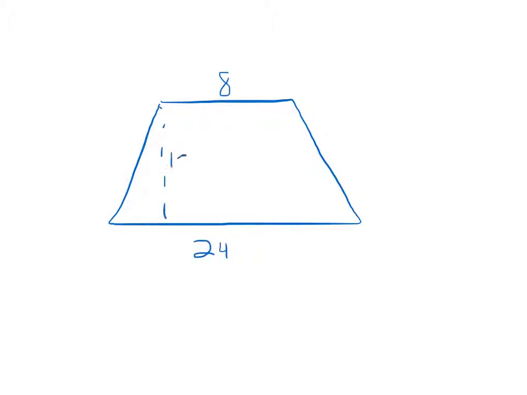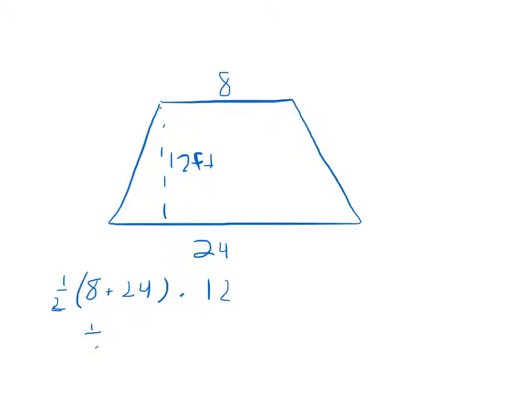Example 1, here we've got a trapezoid. Top is 8 feet and the bottom is 24 feet, and our height here is 12 feet. So if we use our formula, base 1 is 8 and base 2 is 24, so I'll put those in parentheses. And then we'll have to multiply by the height, which is 12.